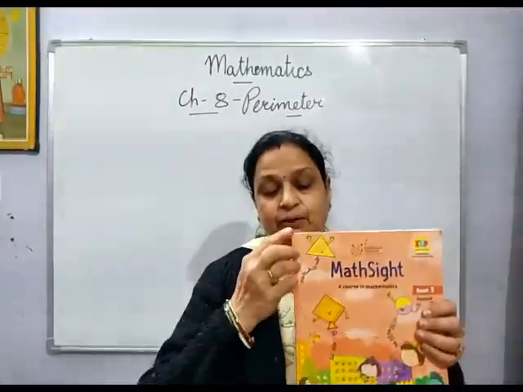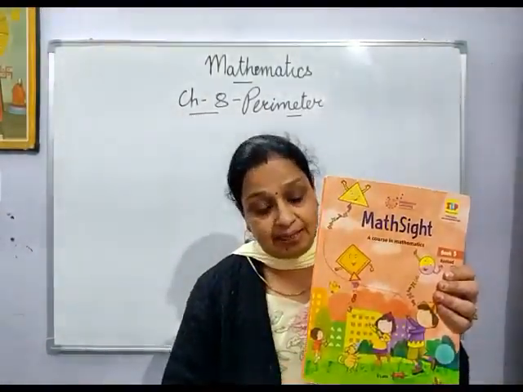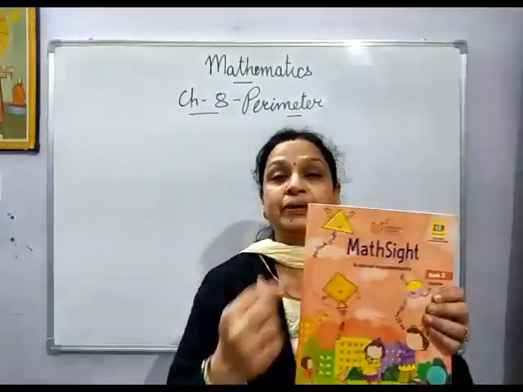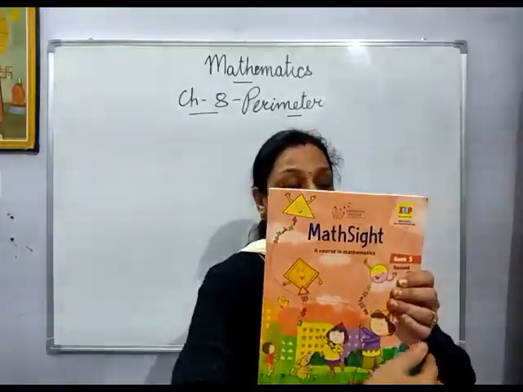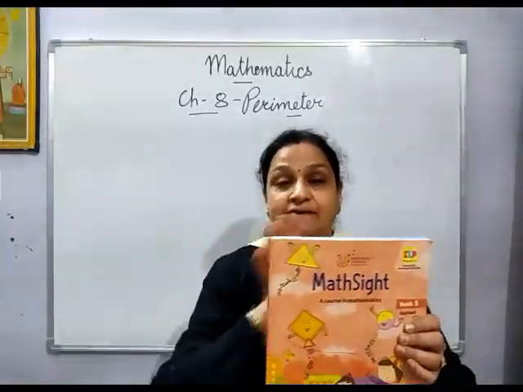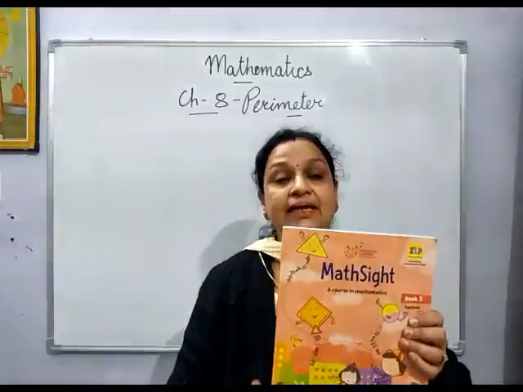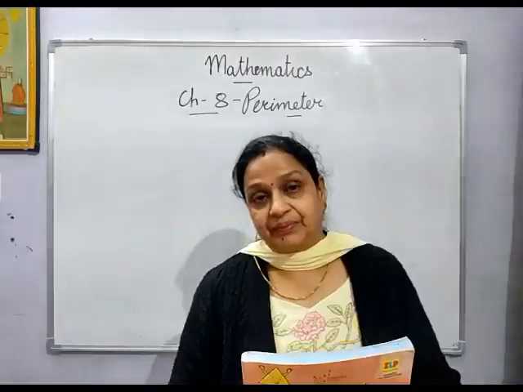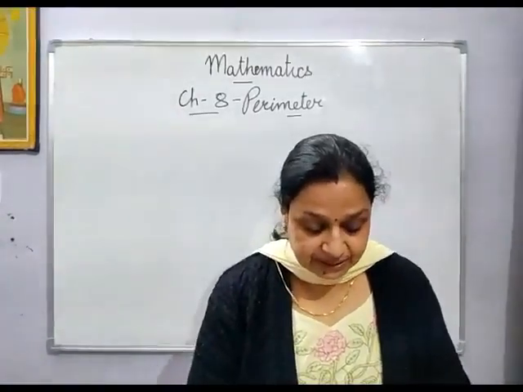If I want to calculate the total length of only the boundary of this region, it will be called the perimeter. This side, this side, this side and this side. If I add up all the lengths of these sides, it will be called perimeter. I hope the word perimeter is clear to you.